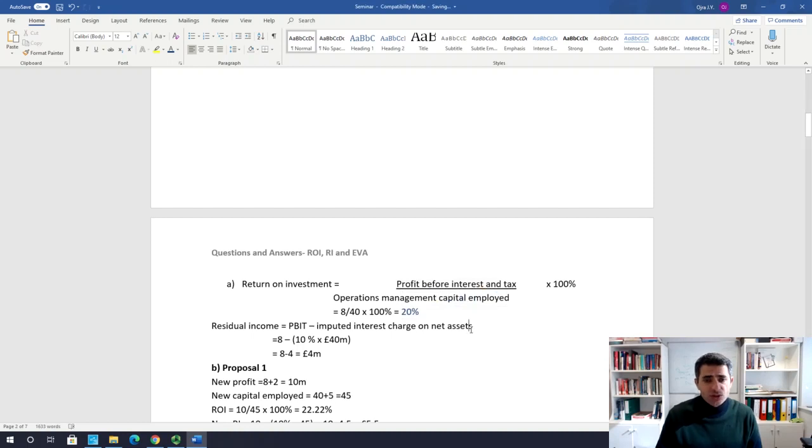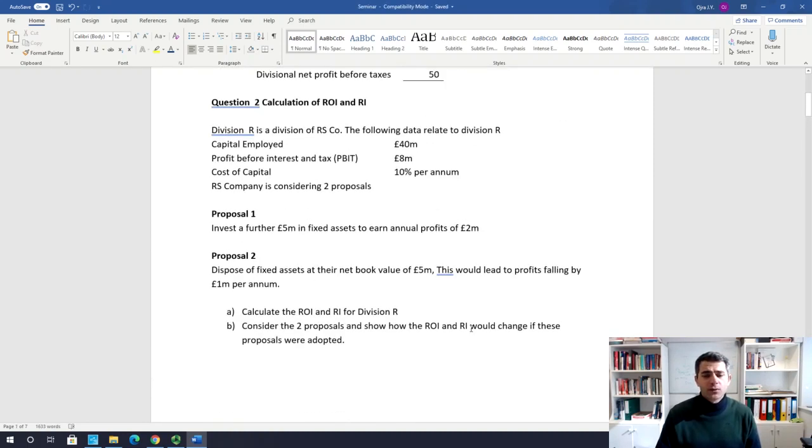So the residual income, if you go back to the formula, is the profit before interest and tax minus open bracket 40 million, which is the capital employed, times the minimum cost of capital, or the minimum return, 10%.